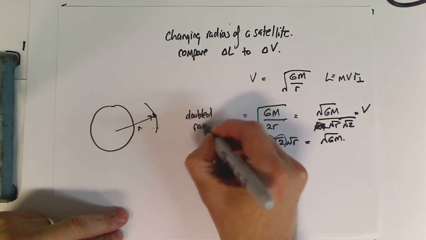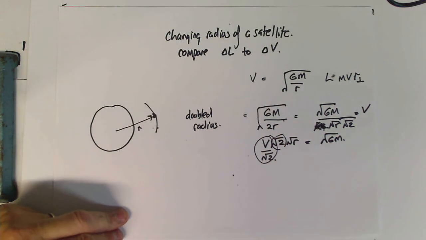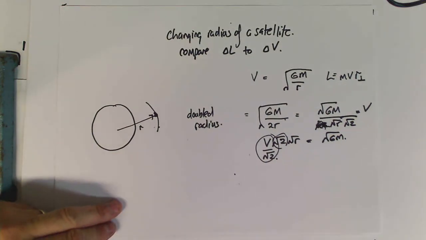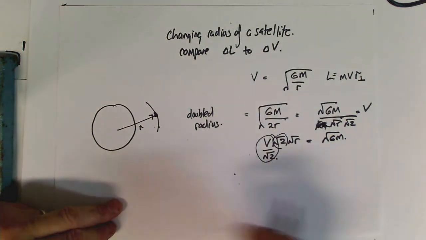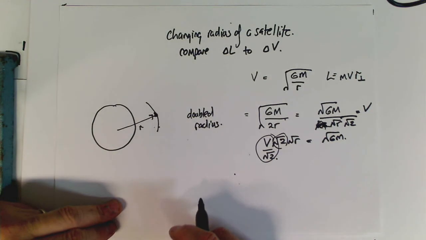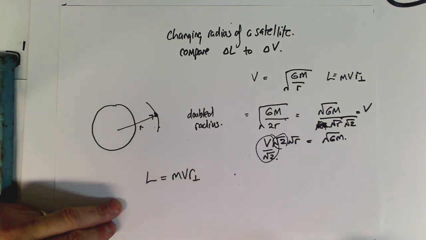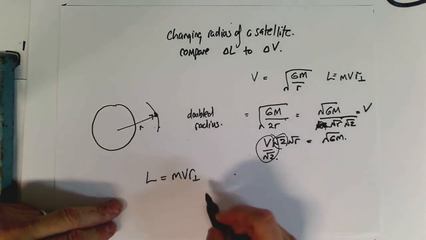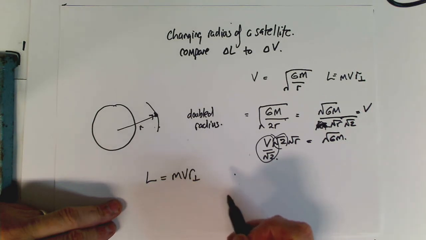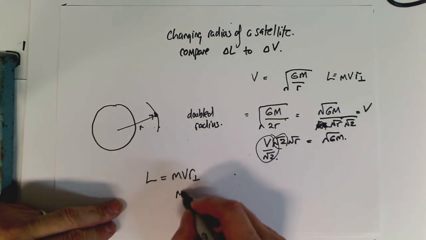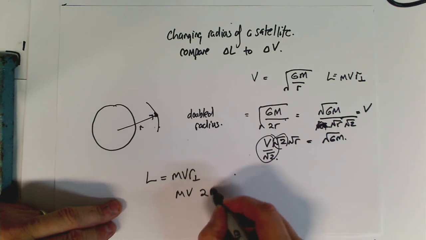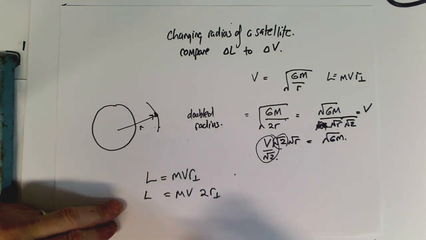Let's not forget that. Now, what happens to angular momentum if we do that? Well, if we were to think in terms of conservation of angular momentum, we've got L equals mvr. For that to stay a constant, and if we now double the radius, we're saying mv 2r needs to equal a constant.